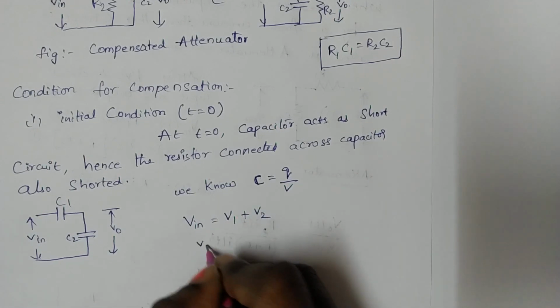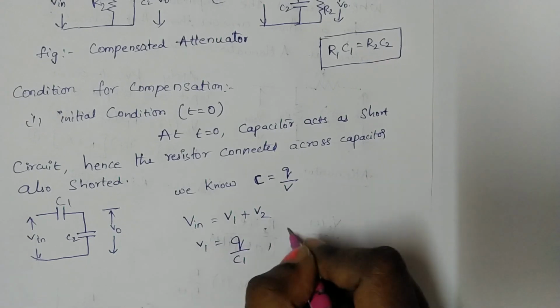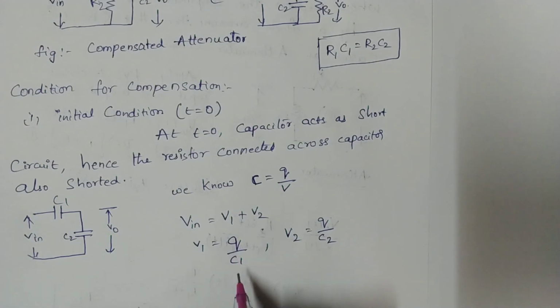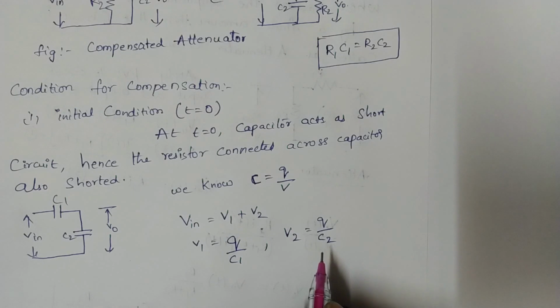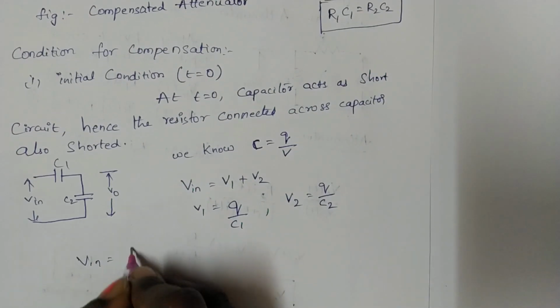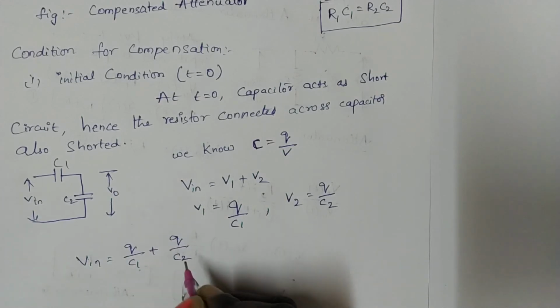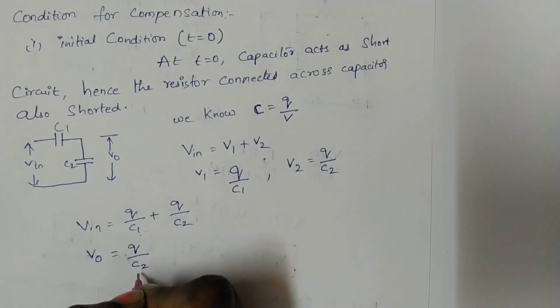Here V1 equal to Q by C1, whereas V2 equal to Q by C2, where Q is the charge across the capacitors. Now substituting in this formula, we get V input equal to Q by C1 plus Q by C2. Similarly, V output is taken across C2, so it is represented by Q by C2.